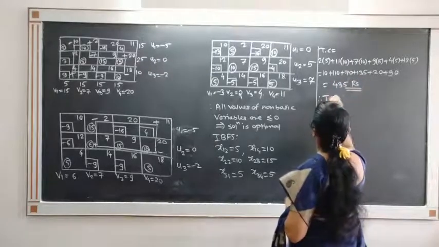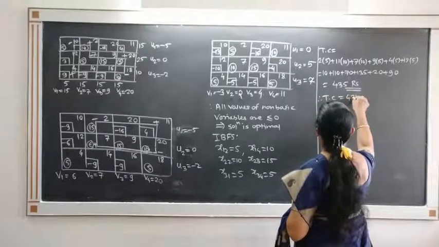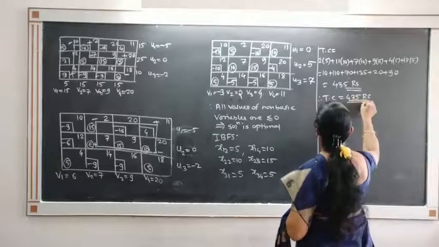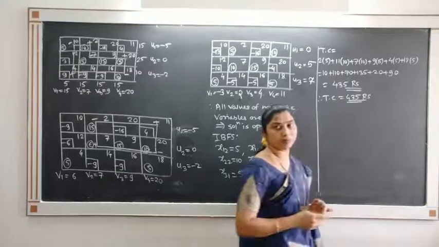And therefore, the transportation cost comes to be 435 rupees by the MODI method.